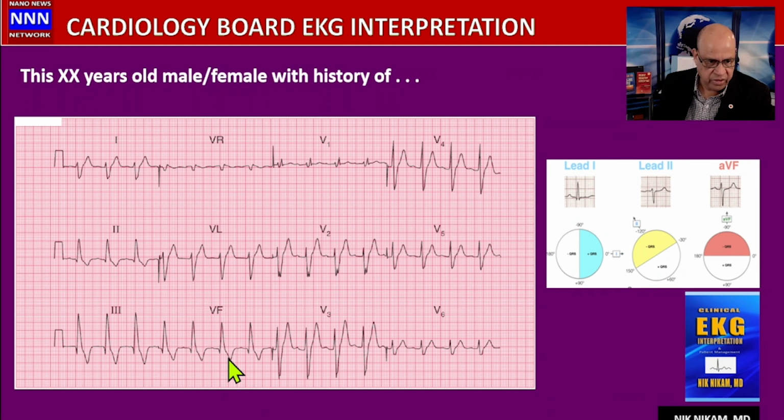AVF is positive. So you are looking at anywhere from 90 to 180 degrees. So this is right axis deviation, and also this patient has a right bundle branch block, which can cause a slurred S wave in the limb leads and also in the chest leads. You can see the slurred S wave.